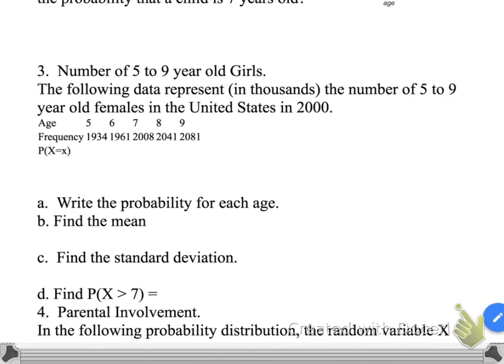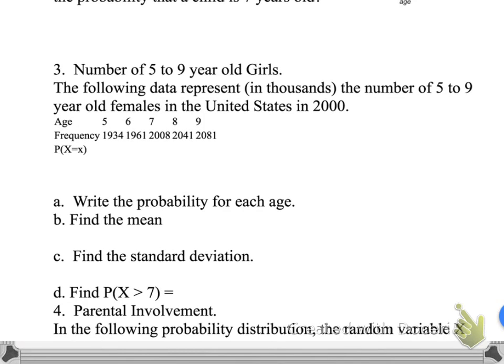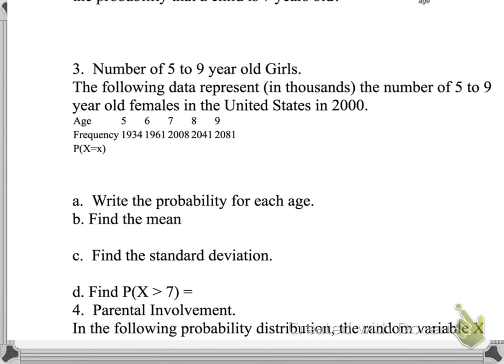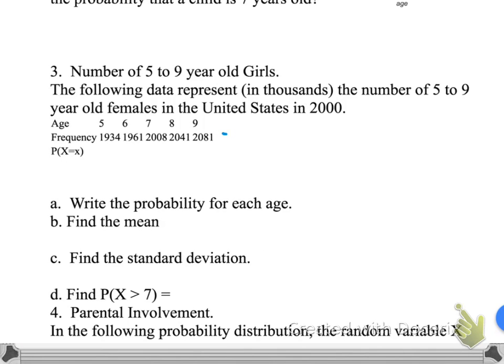If I add 1934 plus 1961 plus 2008 and 2041 and 2081, I get 10025. That's my denominator. I'm going from memory, so if that's wrong, I apologize.